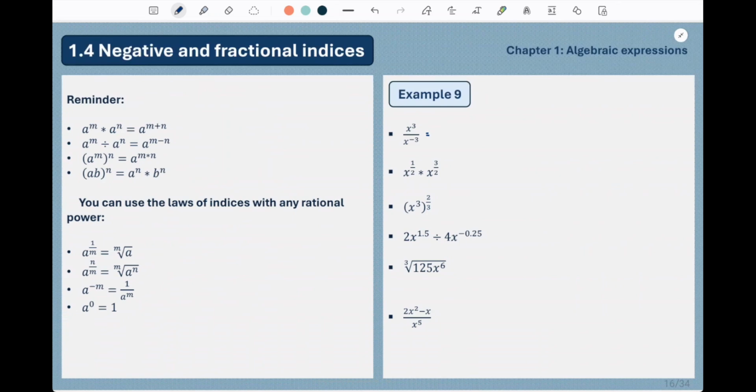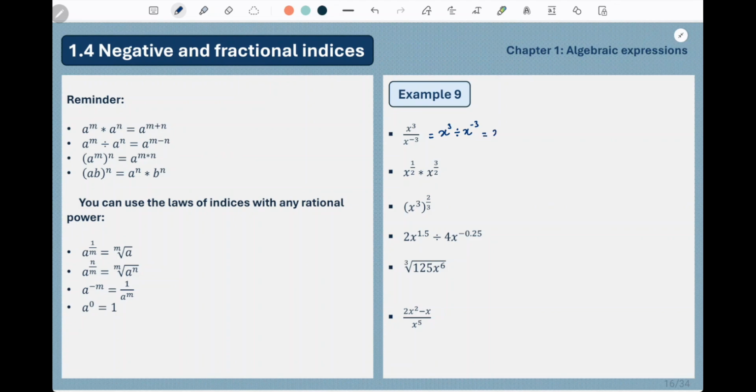So here we've got the first example, which is x to the power of 3 over x to the power of minus 3. One thing to notice is that we're going to use this one over here, because this is the case of division. I'll write it here. A fraction is the same thing as saying dividing.